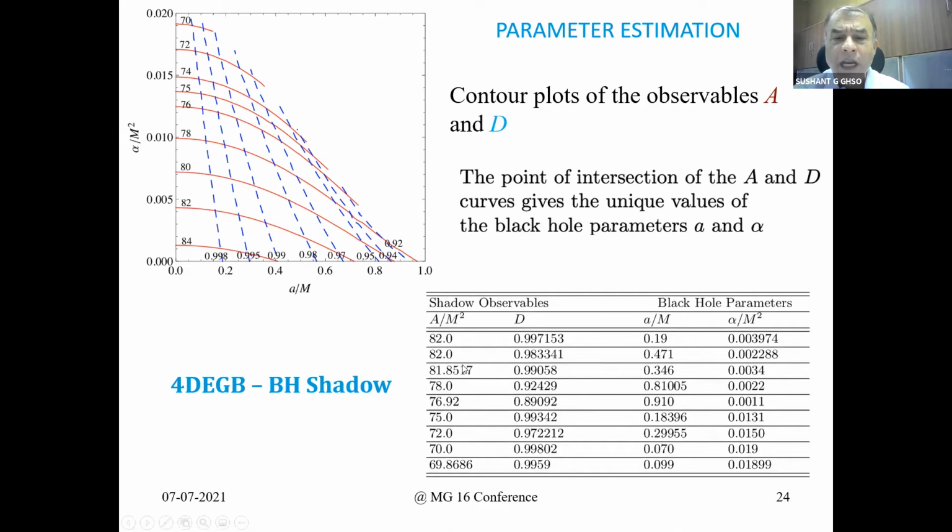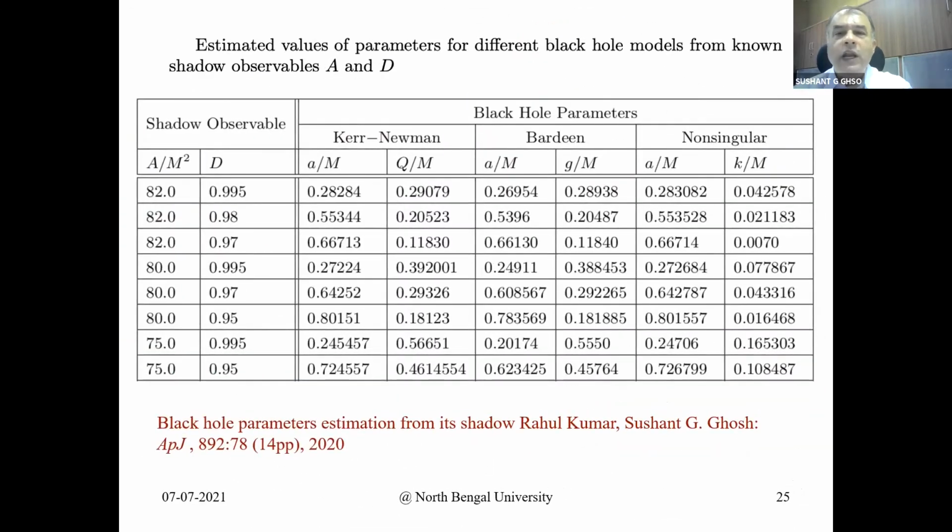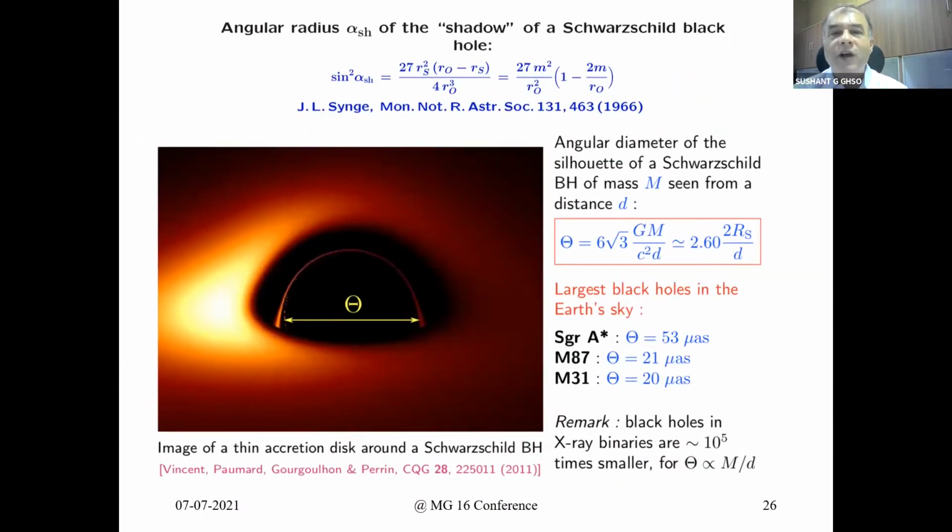So for a given A and D, the parameters associated with the black hole are, for example in this case, A is 0.346 and alpha is a small value, 34. So that is the parameter estimation. This is very important. Now we can do this for any black hole. I do not have time for that.